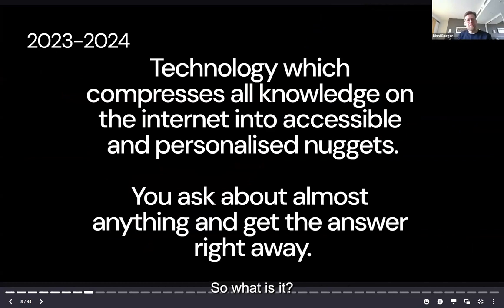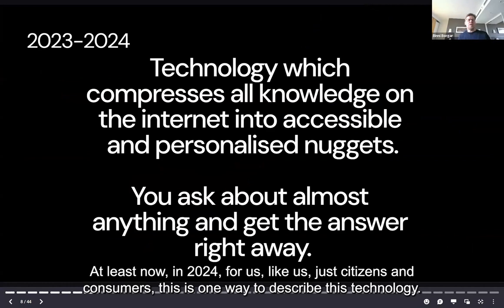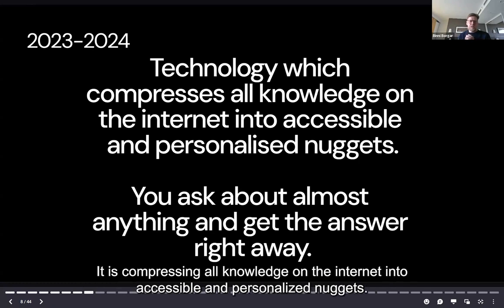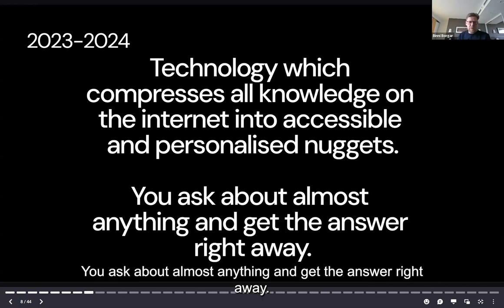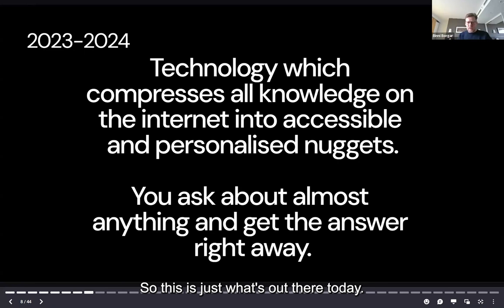So what is it? At least now in 2024, for us, just citizens and consumers, this is one way to describe this technology. It is compressing all knowledge on the internet into accessible and personalized nuggets. You ask about almost anything and get the answer right away. So this is just what's out there today.